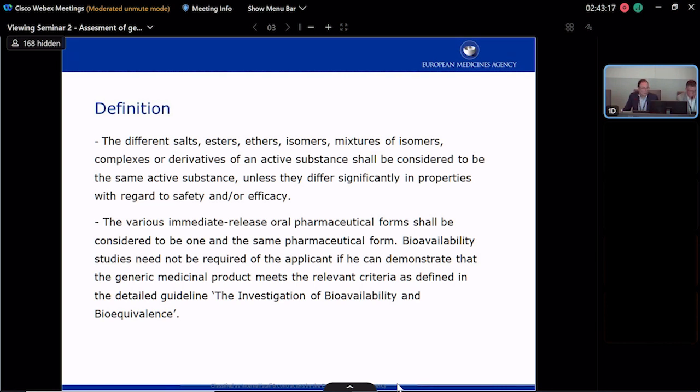So tablets and capsules, orodispersible tablets, oral solutions are considered as the same pharmaceutical form. And bioavailability studies need not be required by the applicant if he can demonstrate that the generic medicinal product meets the relevant criteria as defined in the detailed guideline on the investigation of bioavailability and bioequivalence. This is in the case of biowaiver.